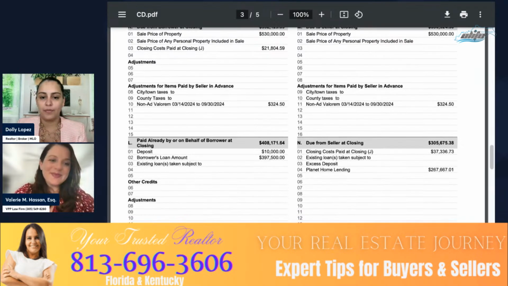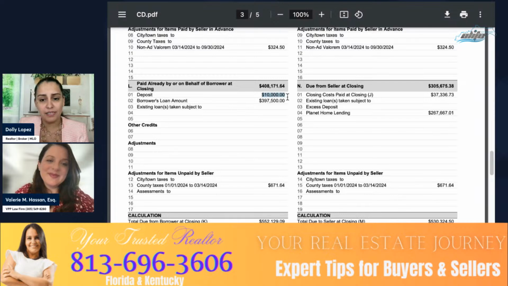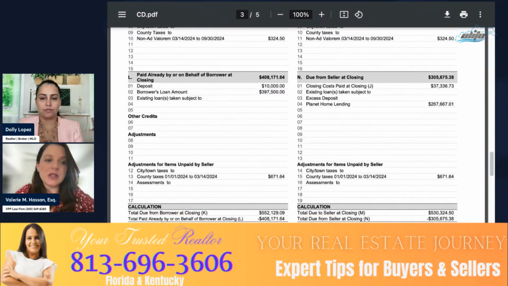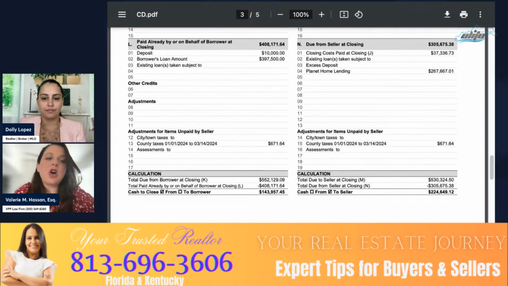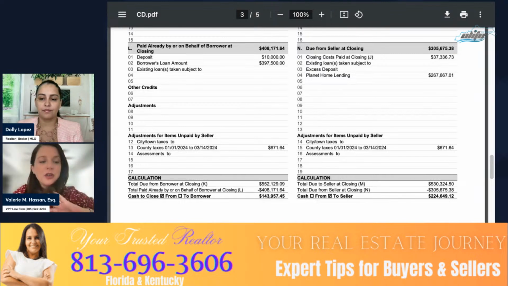Perfect. Okay. And then here you would definitely see the earnest money deposit that was already submitted, and then the loan amount given. Right. Because these are all your credits, right? All the buyer's credits. And when we say credits, we mean money that's already been given to you for this closing. First and foremost, we'll have the deposit. Whatever deposit you gave, the complete deposit, whether you made 2 or just 1, will be included there.